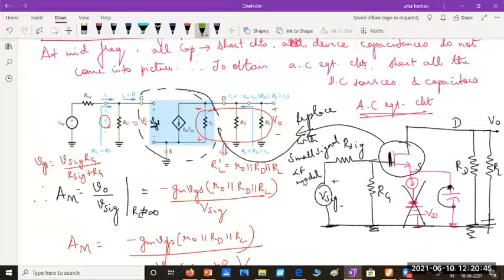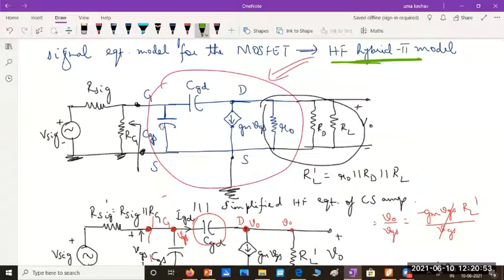So what we have inside this red circle is the replacement for the MOSFET, or the high frequency hybrid pi model of the MOSFET. You see there are two device capacitances, CGS and CGD. And from drain to source, we have the dependent current source gm VGS in parallel with R0. And RD and RL, which we have in the original circuit, we have brought it here.